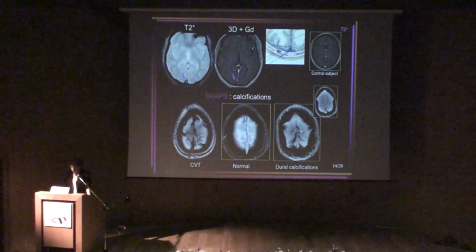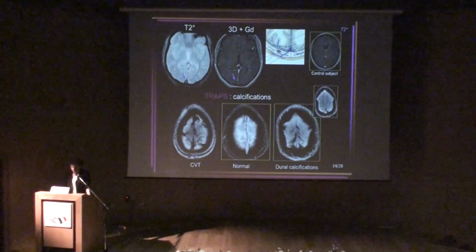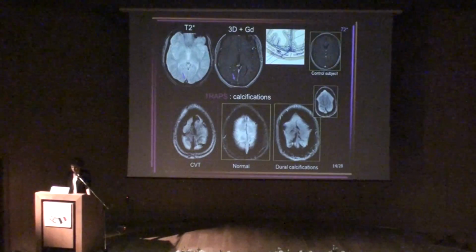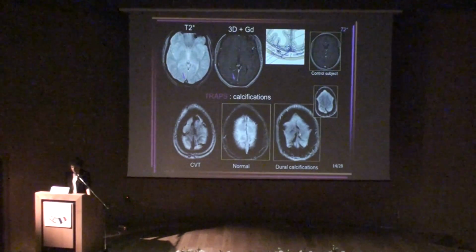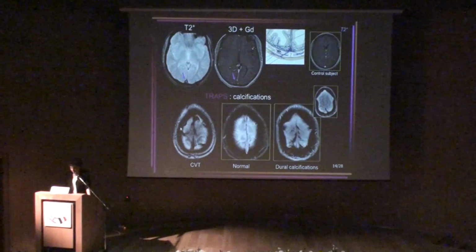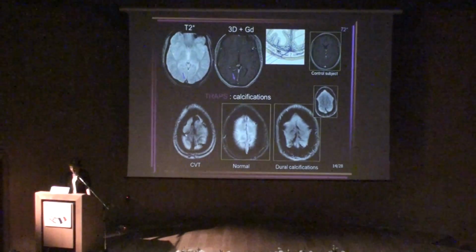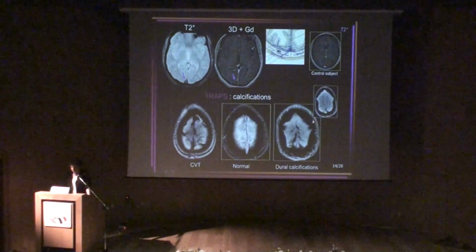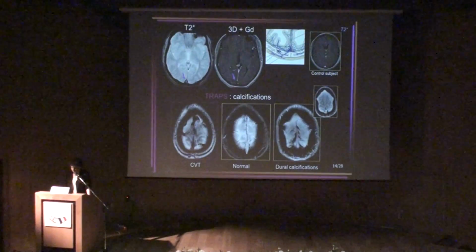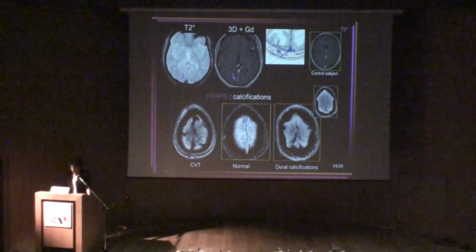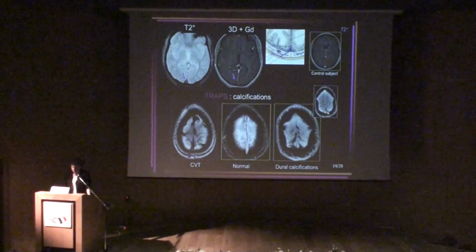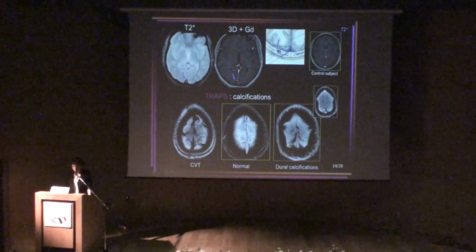Be careful, dural calcifications in some patients can mimic a cerebral venous thrombosis. They don't look the same, they are not as well delineated as the veins here, but be careful when you look at them, and maybe check the dural wall at the level of the sinus to see that it looks like a calcification and not like a thrombosis.